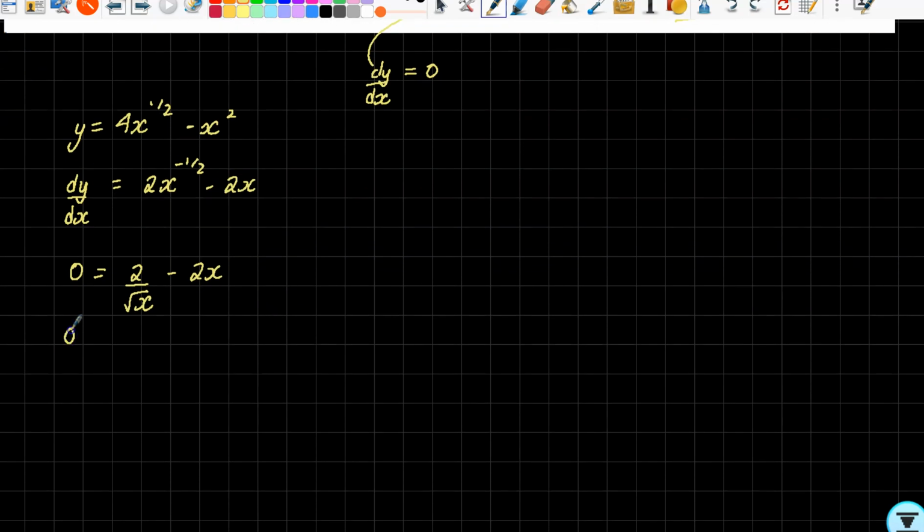I'm just going to put it all over 1 fraction, 2x root x. Remember, making it 1 fraction, times your denominators together, then cross multiply. And of course, we cannot have x equaling 0 here because you cannot divide by 0. By simple inspection, you can see that the only value for x here is x is 1.